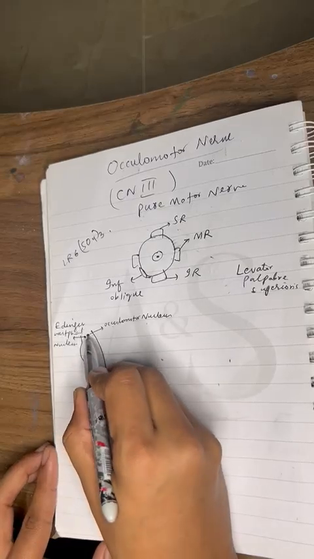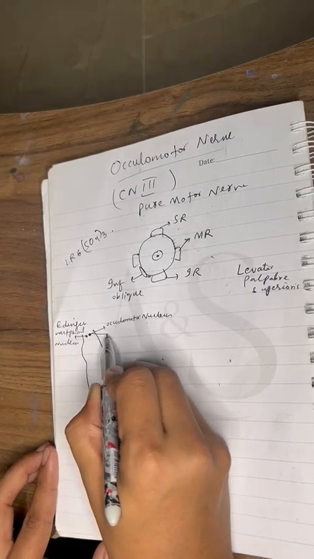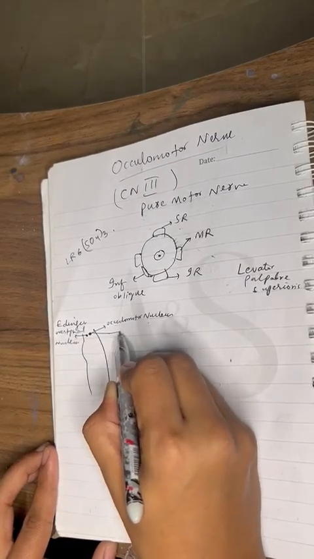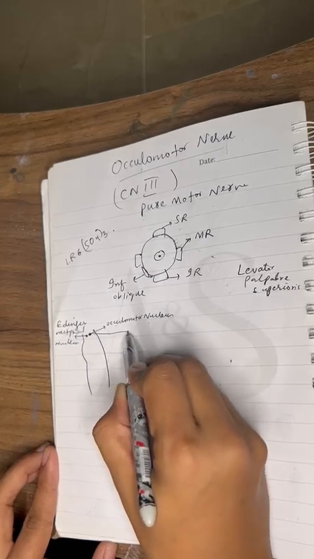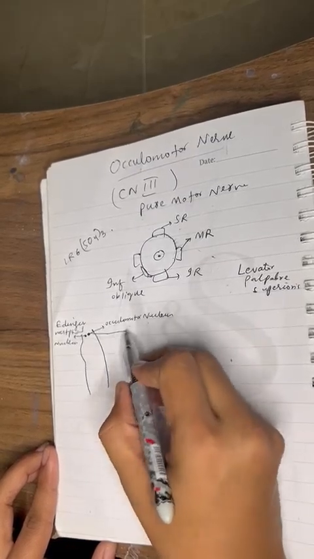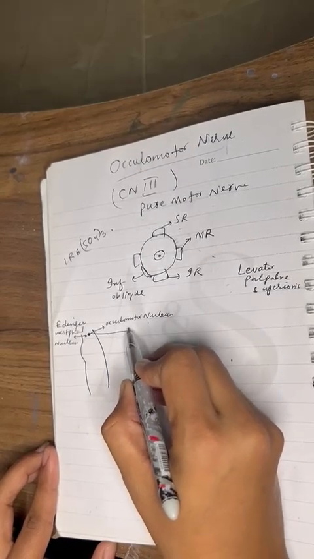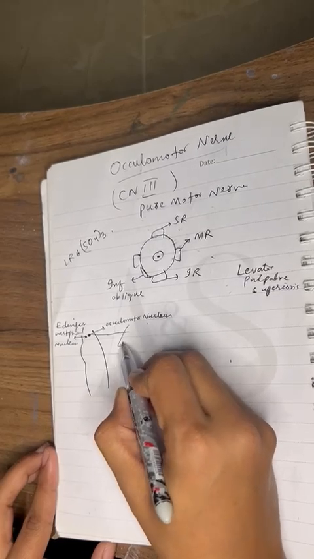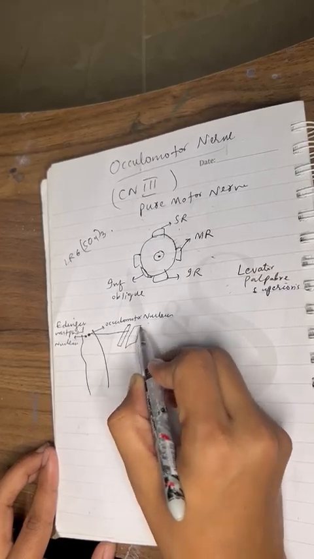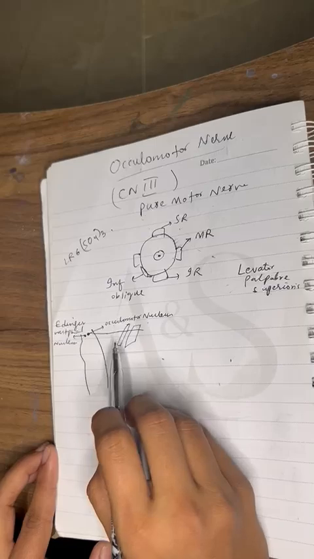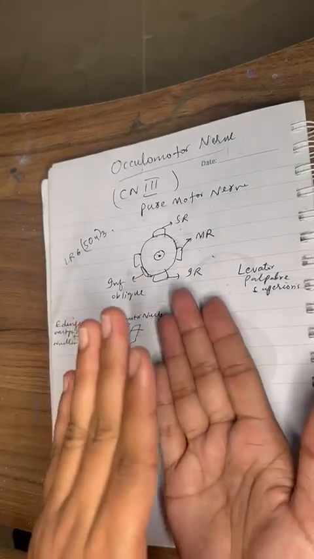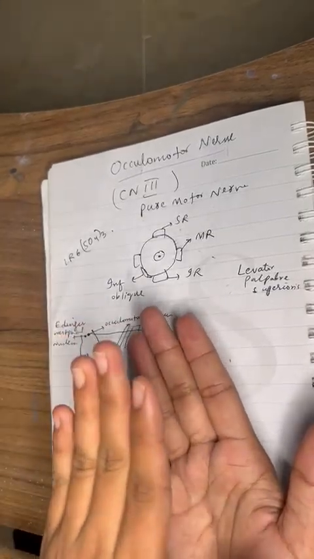This oculomotor nerve emerges from the midbrain, comes outside the brainstem and then passes between 2 arteries, right? What are these 2 arteries? One is the upper one and the other is the lower one.